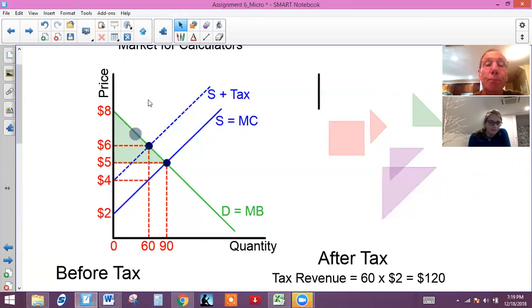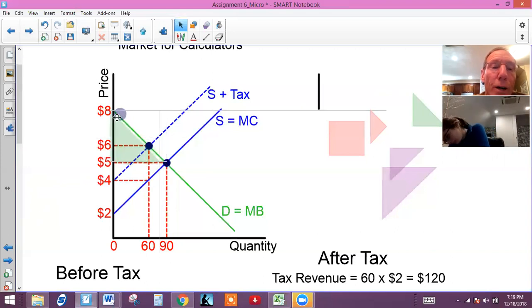Now, perfect price discrimination means that you charge this consumer up here what he or she would pay, $8. This consumer right here, $7.95. And you would be able to charge every single consumer exactly the maximum that they would pay, all the way down to the 90th right here that would only pay $5.